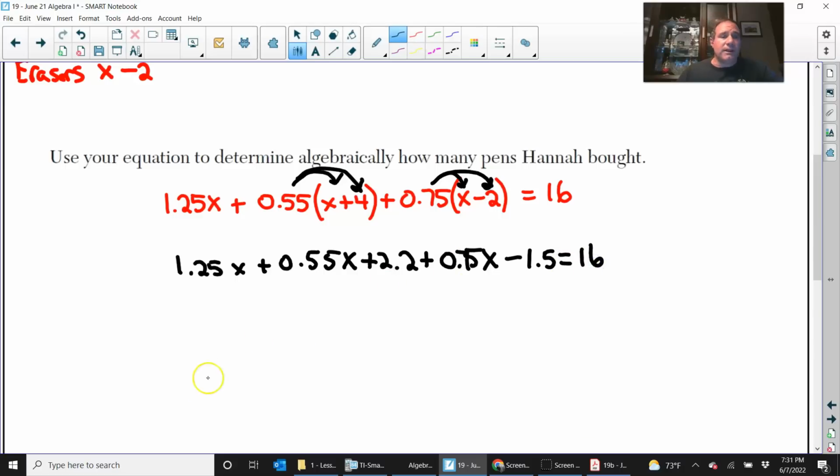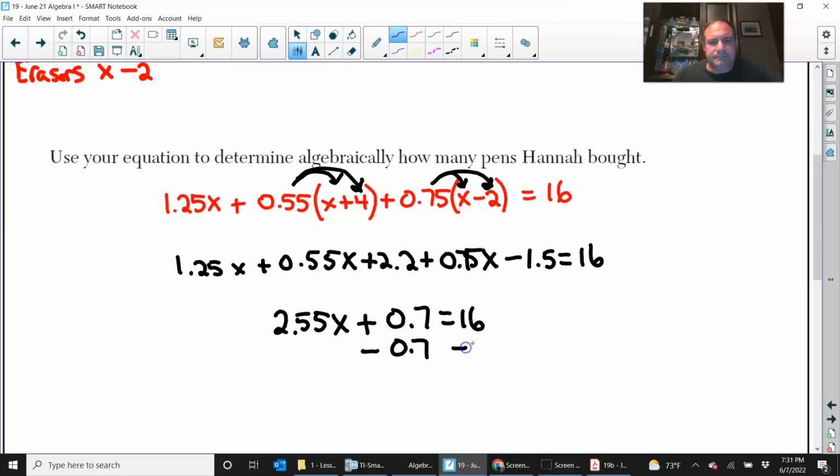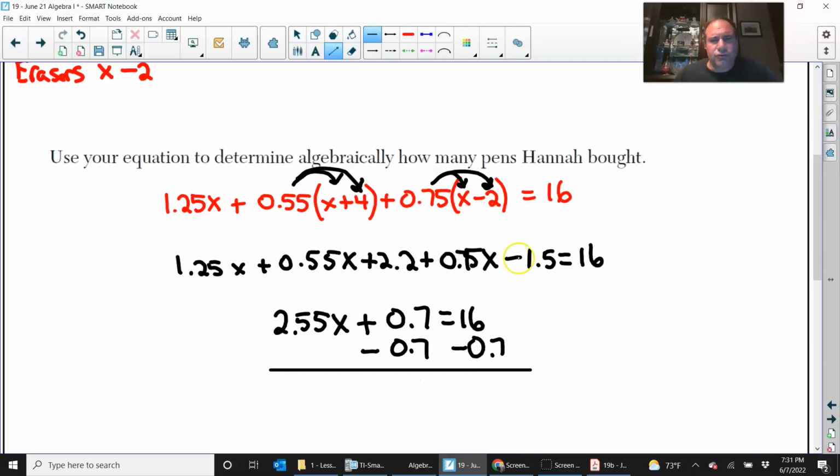Now you're going to combine like terms. Combine the x's, you get 2.55x, and you combine 2.2 and minus 1.5, you do get 0.7.